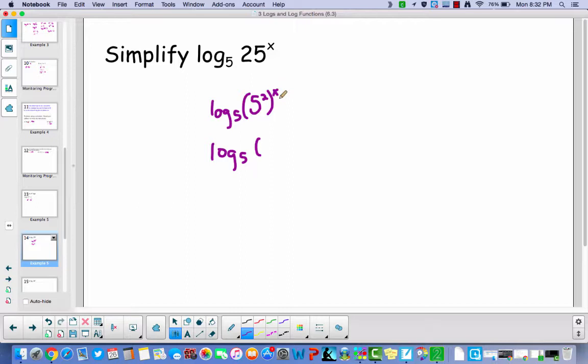Remember, when we take a power to a power, we multiply, so we have 5 to the 2x. Now, do I have the same bases? Yes. So what is my answer? It's this exponent right here. The key here is to make sure that you get those two things to have the same base.